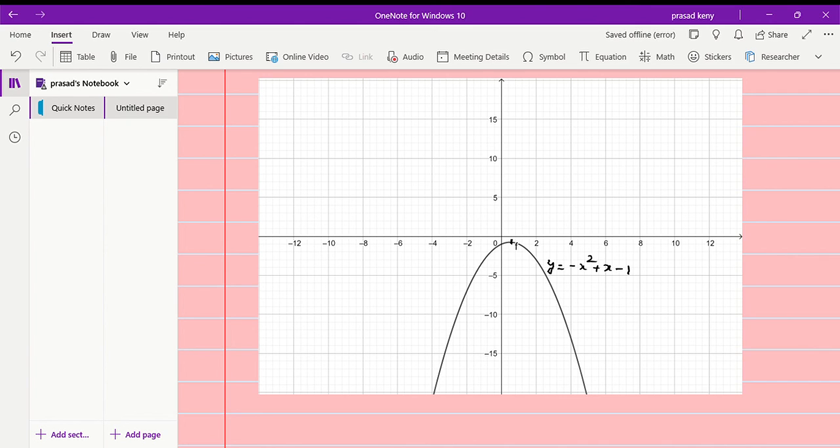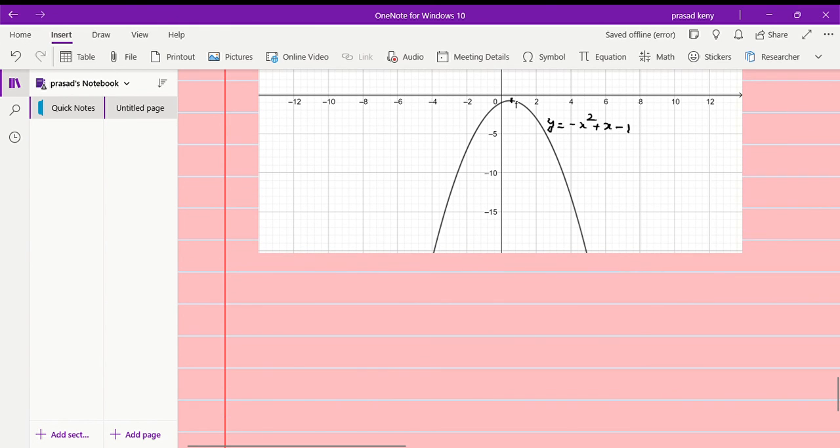So this is how, knowing the discriminant of the quadratic, you can know the nature of the graph.